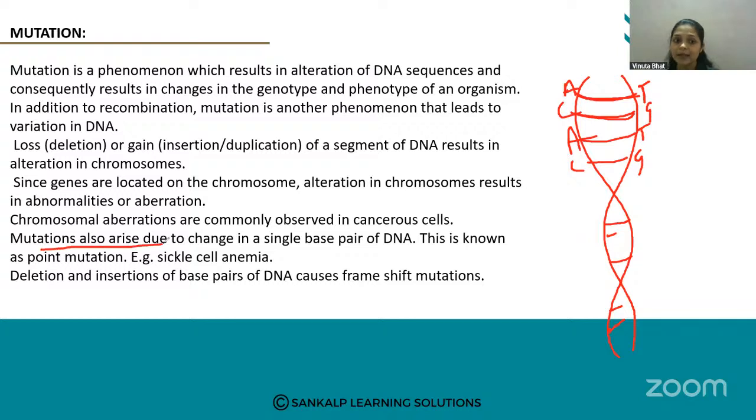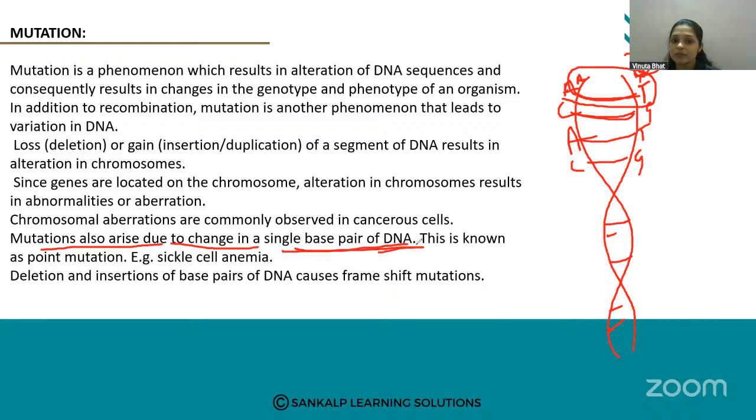Mutation also arise due to the change in the single base pair of DNA. ಇದನ್ನ ಒಂದು ಬೇಸ್ ಪೇರ್ ಅಂತ ಕರೀತಾರೆ. ಈ ಒಂದು ಸಿಂಗಲ್ ಬೇಸ್ ಪೇರ್ ಚೇಂಜಸ್ ಆದ್ರೆ ಇಲ್ಲಿ AT ಇರಬೇಕಿತ್ತು ಅಲ್ವಾ, AG ಇದ್ರೂ ಕೂಡ ಏನಾಗತ್ತೆ, ಸೊ ದಟ್ ಈಸ್ ದ ಚೇಂಜ್. ಸೊ ದಟ್ ಆಲ್ಸೋ ಕಾಸ್ ದ ಮ್ಯೂಟೇಶನ್.